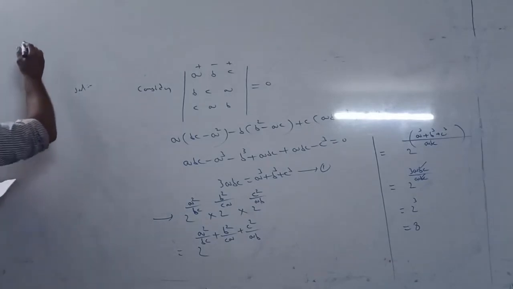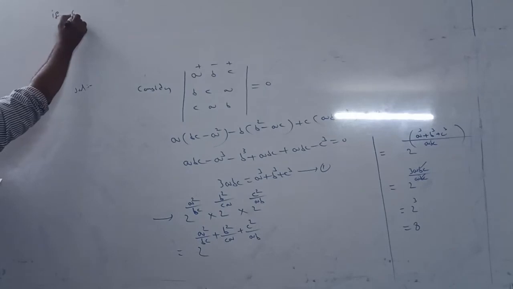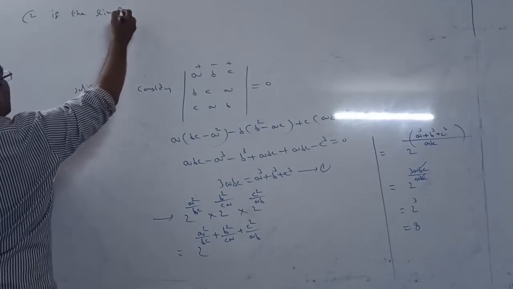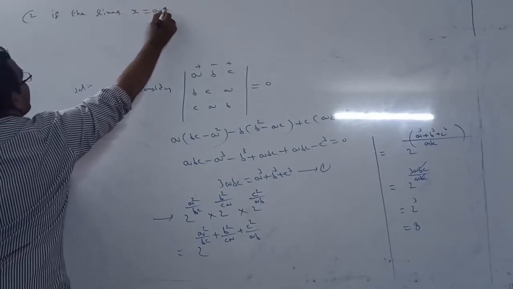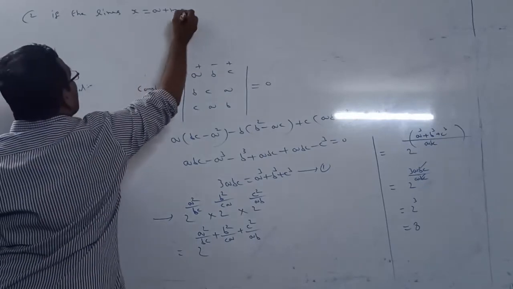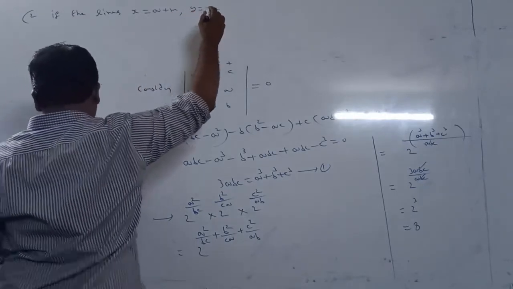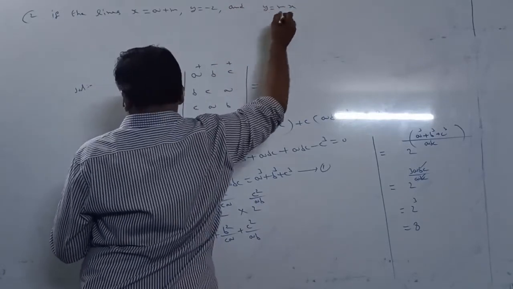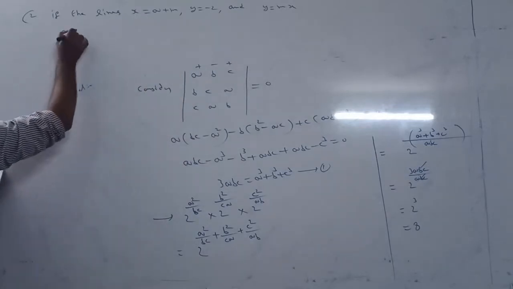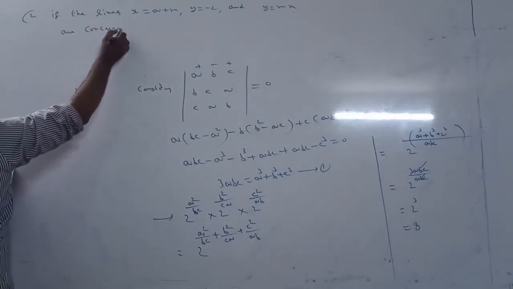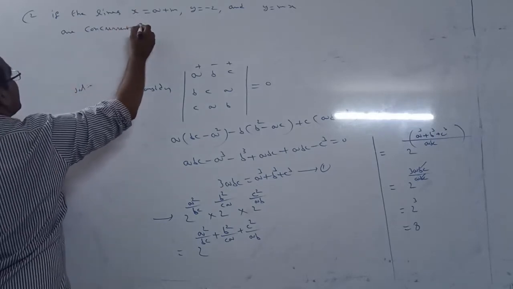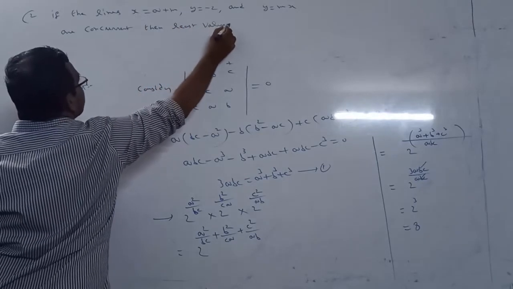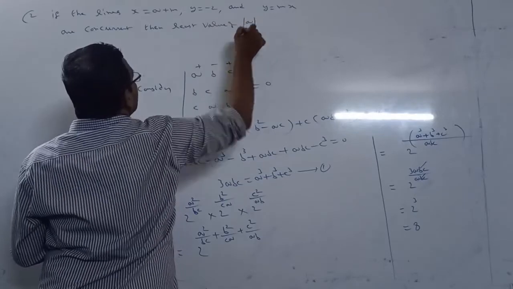Next, if the lines x equal to a plus m, y equal to minus 2 and y equal to mx are concurrent, then find the least value of modulus a.